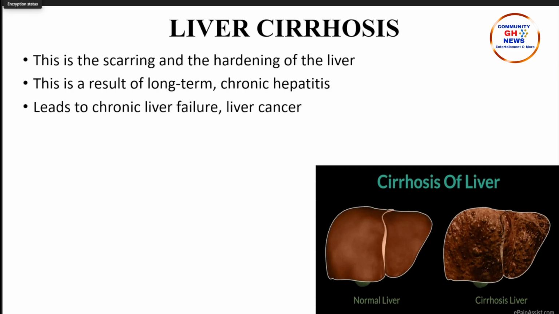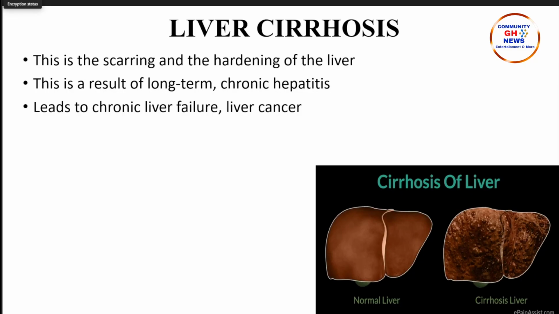Whatever symptoms you have, we try and treat them, and you make sure that it doesn't progress to the level of chronic liver failure or liver cancer. Once you do your lifestyle modifications, of course, the liver is not going to reverse because this is an irreversible process. It's not going to go back to the way the liver was, but at least it's not going to progress to the stage where there's chronic liver disease or liver cancer.